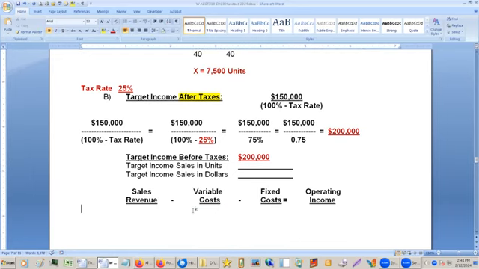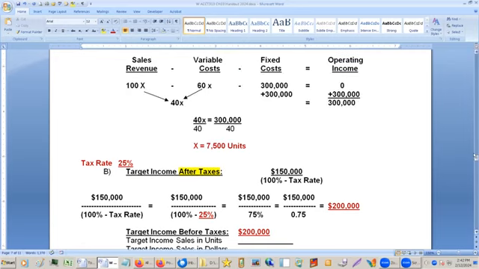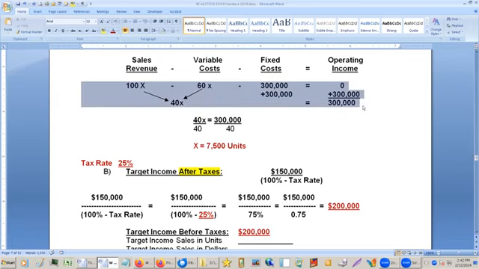Okay, so we come down to our equation. Everything's the same except we plug in 200,000 for our operating income. Okay, so this is the same as before. Be supremely lazy here.